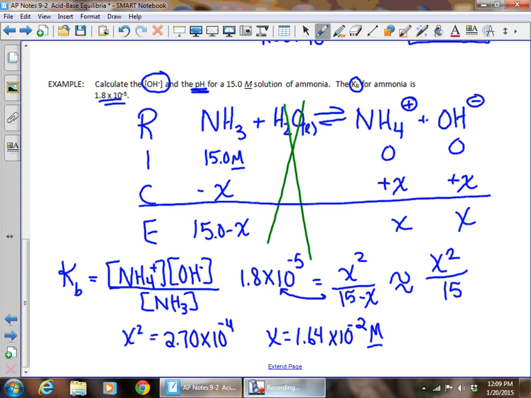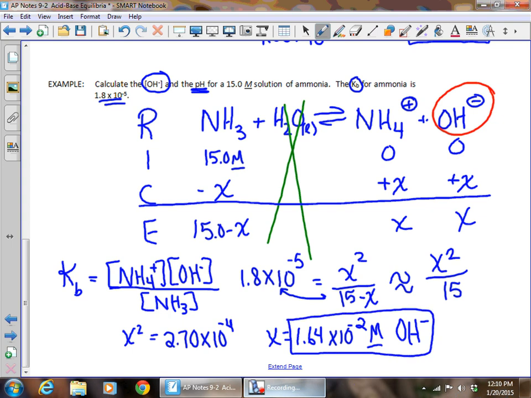Now be careful because this time, what's that X equal to? It's equal to the hydroxide ion concentration. So that's hydroxide. It did ask for this, so this is a reportable answer.